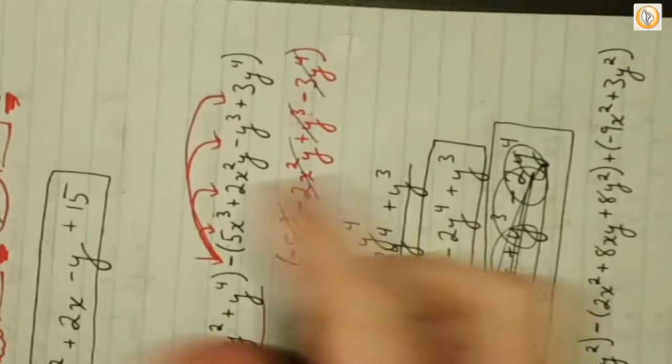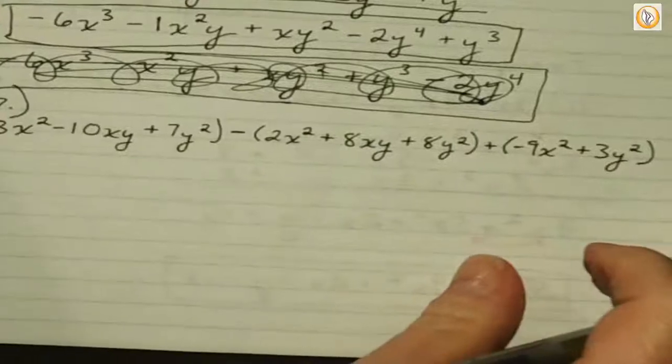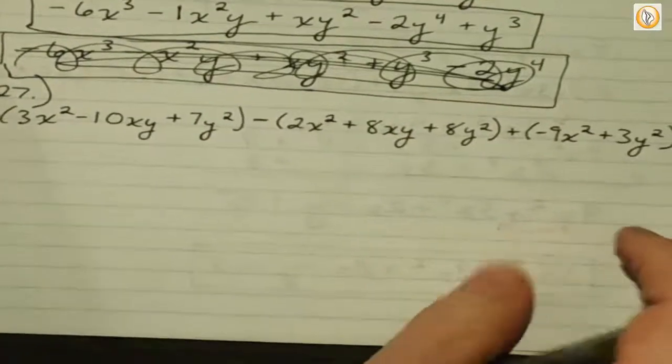I've had students that literally turn their papers sideways and do their work going sideways. If you're having trouble writing the whole thing in one line, you can turn your paper sideways. As long as it's neat, I don't care.